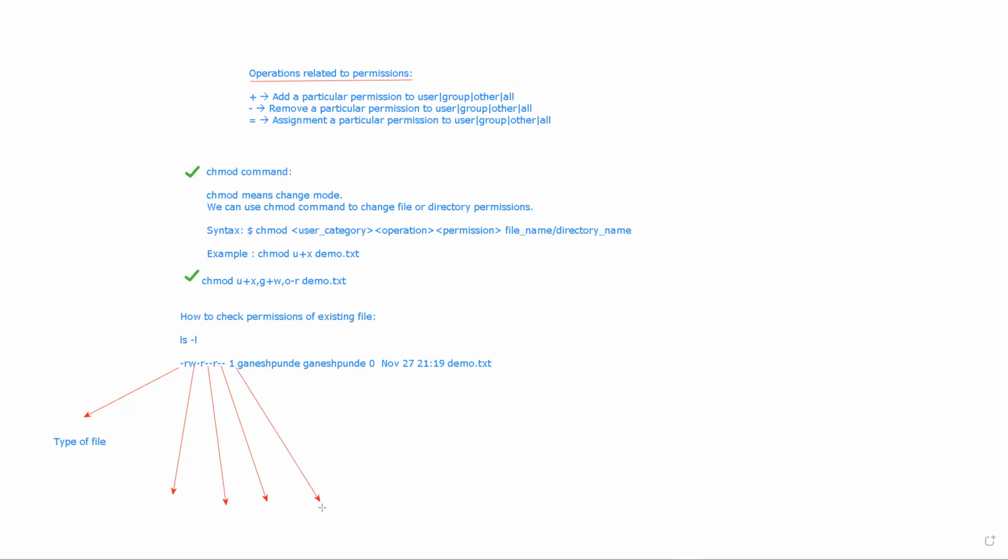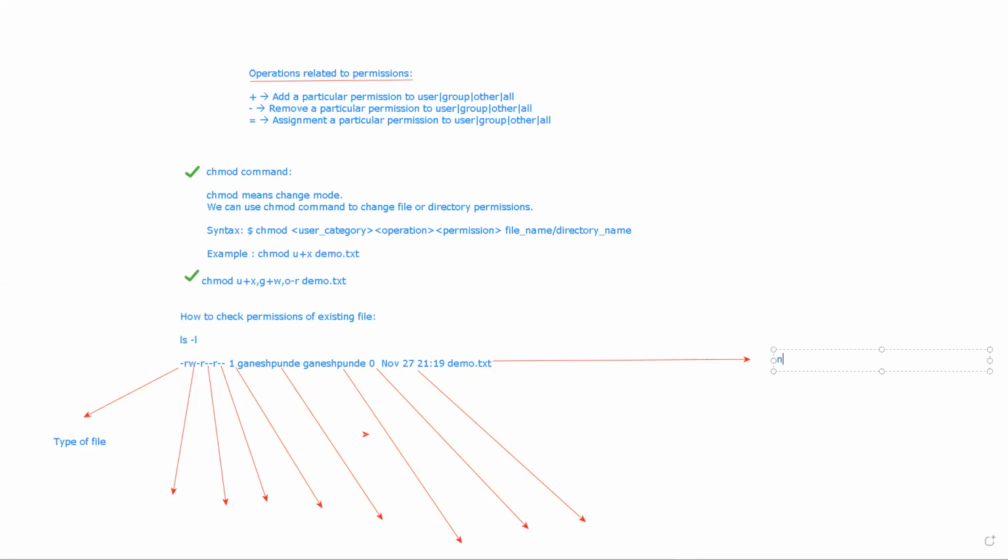This is the number of links, right? This is the username, the user of this file, and this is the group name of the file. This is the size of the file. This is the date and time on which that particular file was created, and this is the name of the file.